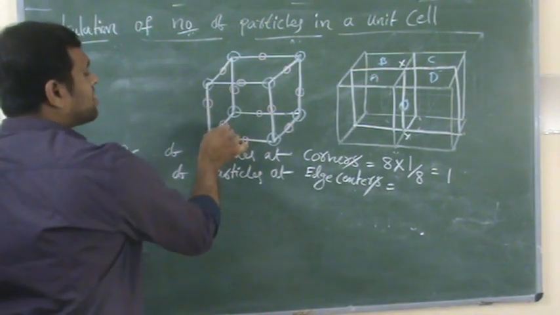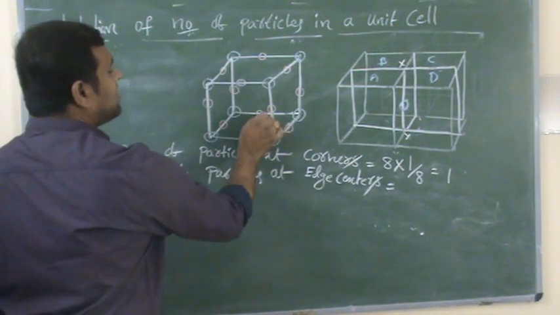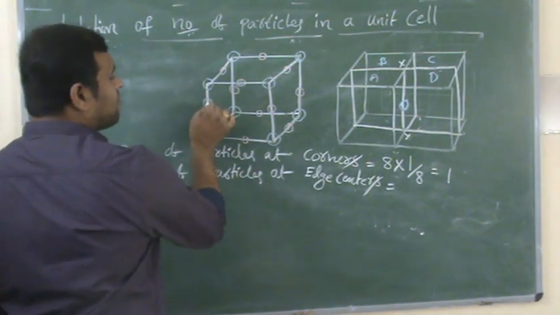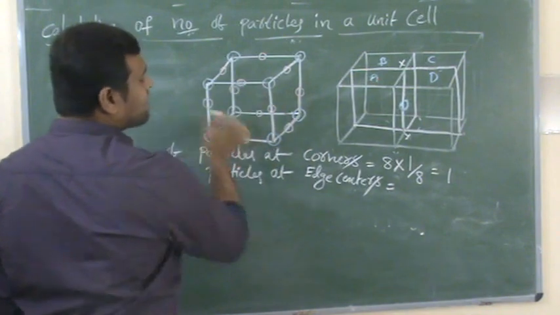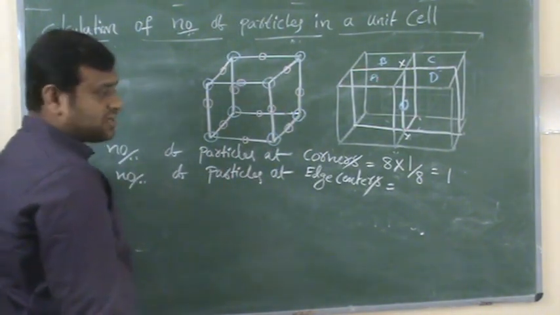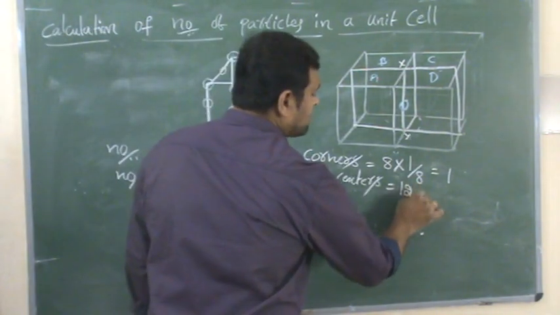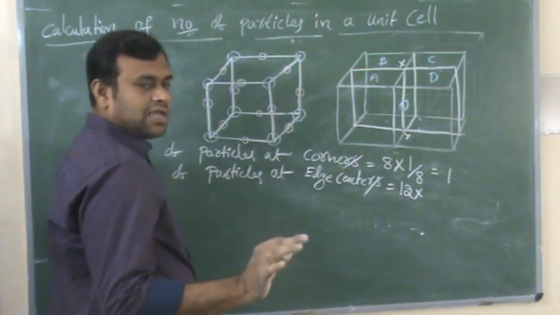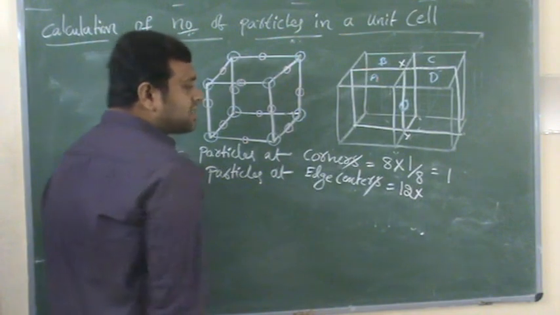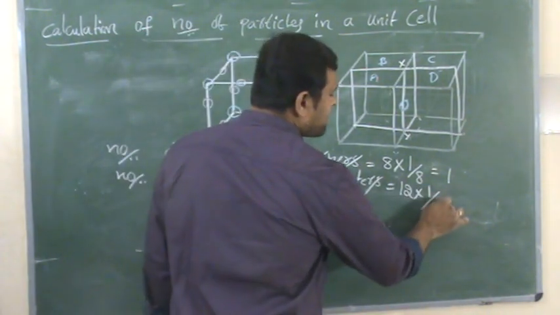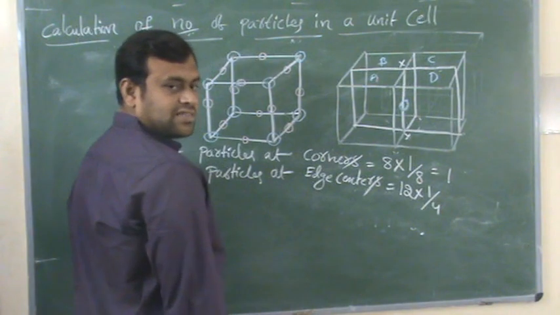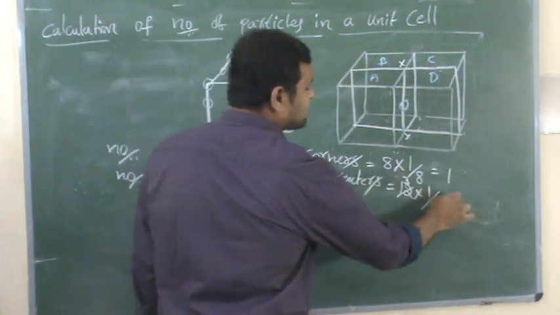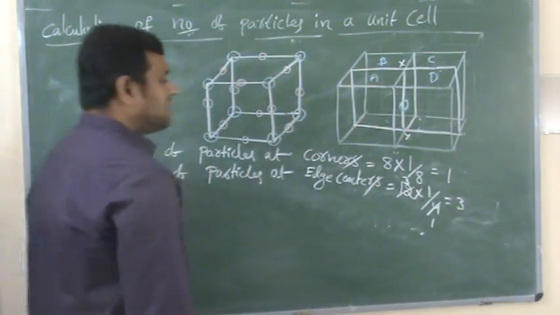Top 4, bottom 1, 2, 3, 4. 4 plus 4, 8. And sides, you can observe sides. 1, 2, 3, 4. 8 plus 4. How much? 12. 12 into, I already told you what is the contribution of each particle at edge centers. 1 by 4. Is it correct? Yes. 4 ones are 4, 3s are 3. That is equal to 3.